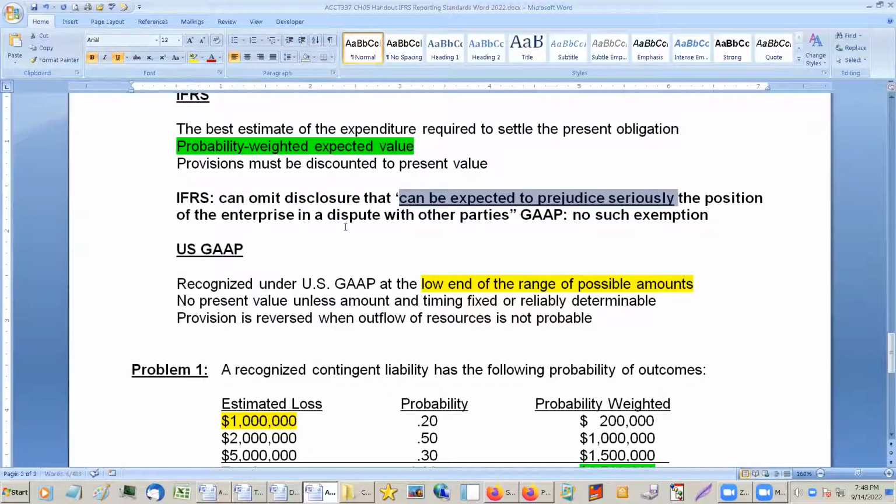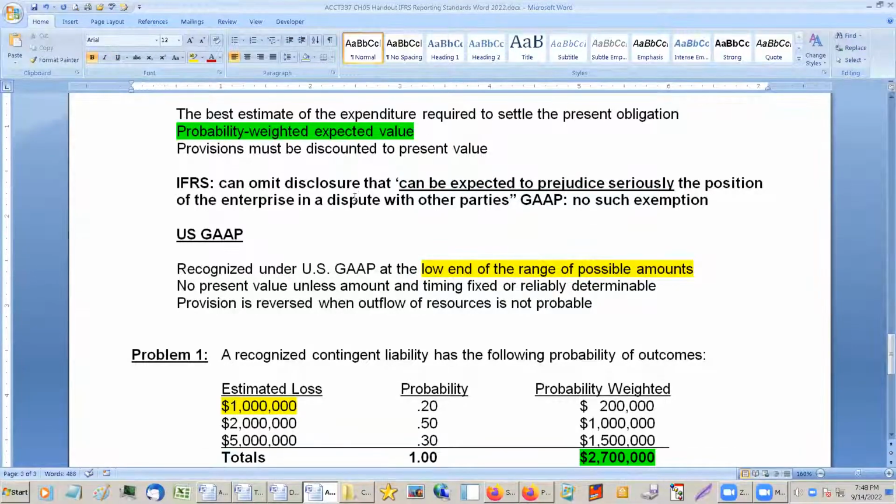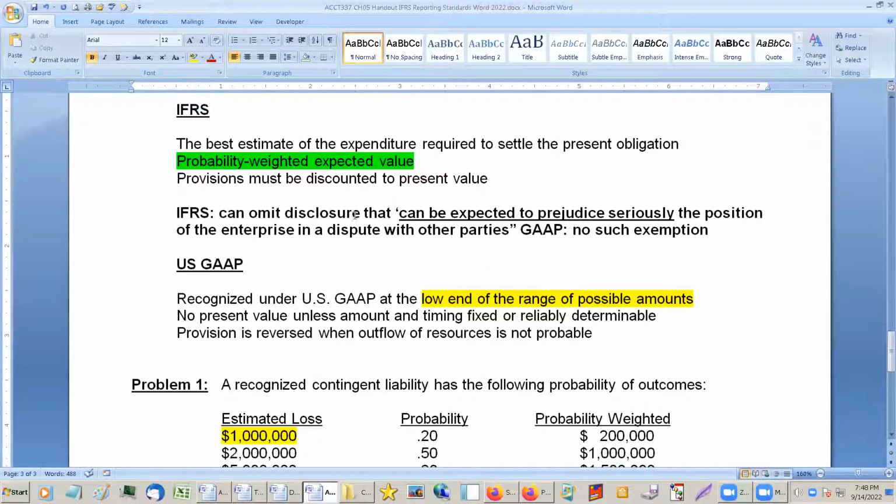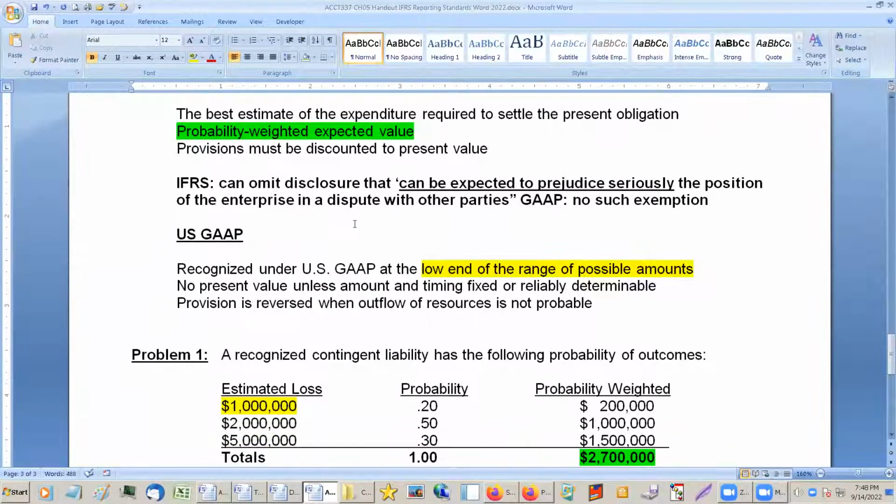So if you think someone's going to be able to point to it and say, look, you're taking responsibility, you can omit it. In other words, not put it on completely. So it's either usually higher or it's not there at all. If they think it's going to prejudice a case, they can omit it completely.